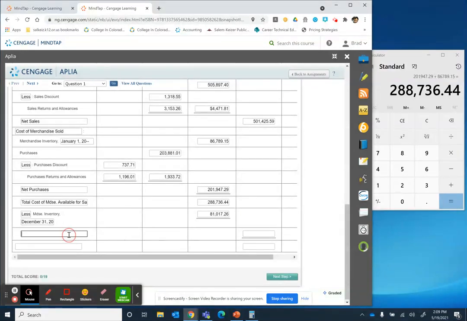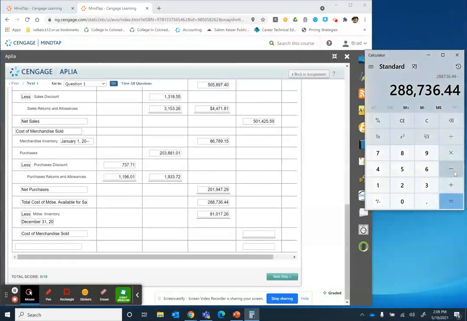Then we're going to find the cost of merchandise sold. We're going to find that by subtracting from the total cost of merchandise available for sale our merchandise inventory at the end of the year. So $288,736.44 minus our merchandise inventory at the end of the year.